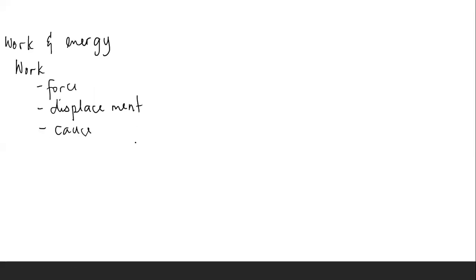In order for a force to be eligible as having done work on an object, there must be a displacement and the force that causes the displacement. Now, for the energy: energy came from the ancient Greek word that means activity or operation.